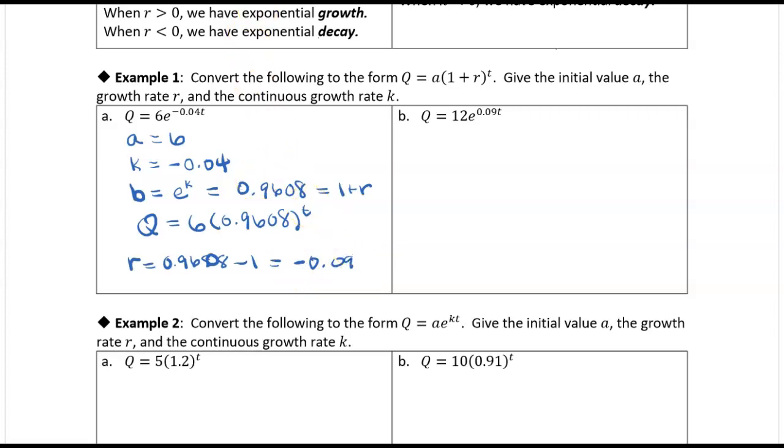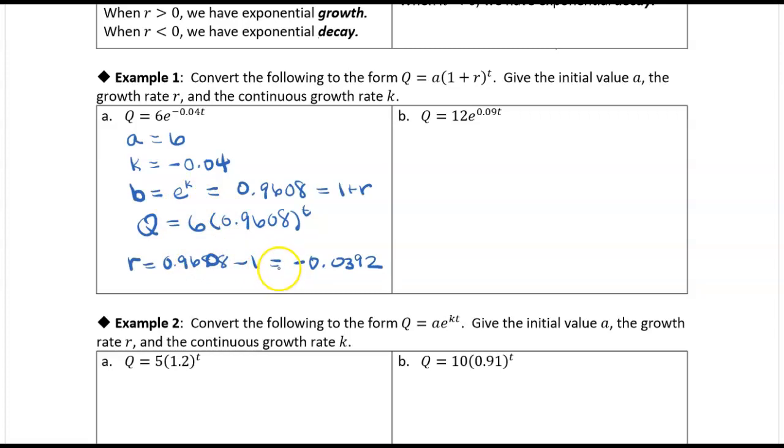Oops, not 9. Let me erase that. All right, go back to the pen. So it's 0.0392. Notice it's negative again, which makes sense because it's still exponential decay, no matter which form we put it in.